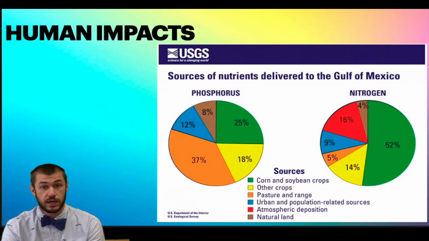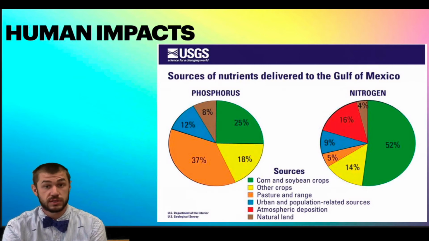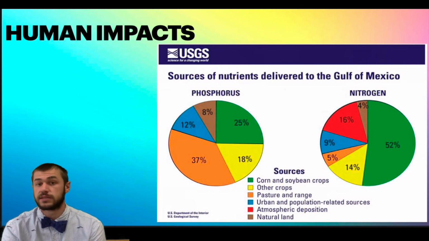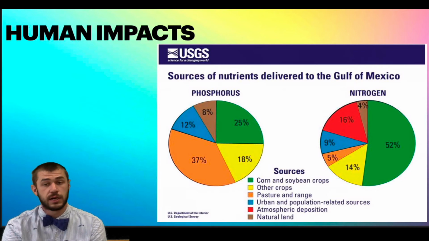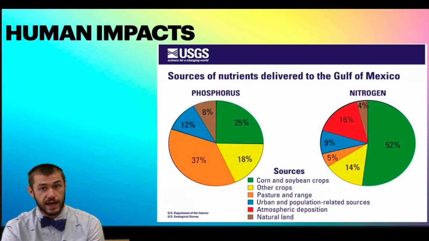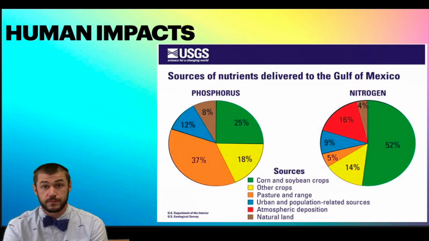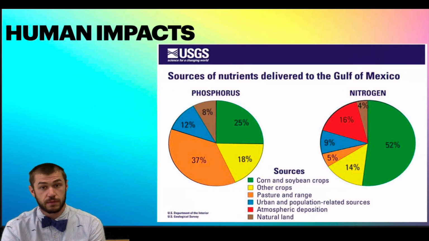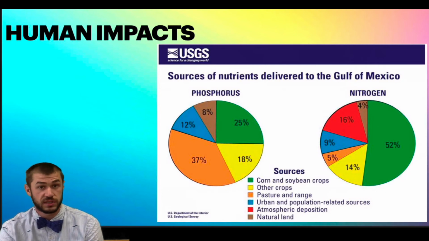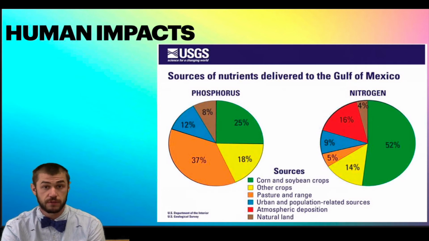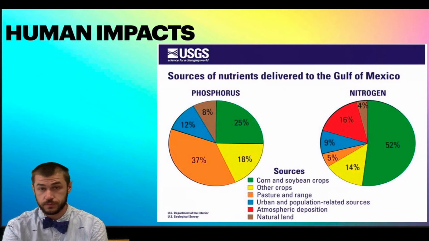Urban areas contribute to some degree, and that's largely through the sewage and wastewater. And then there's also natural contributions to the system. Again, these systems occur without humans, but we ultimately add, you can see, 80% of nitrogen is coming from human sources, and 92% of phosphorus is coming from human sources.